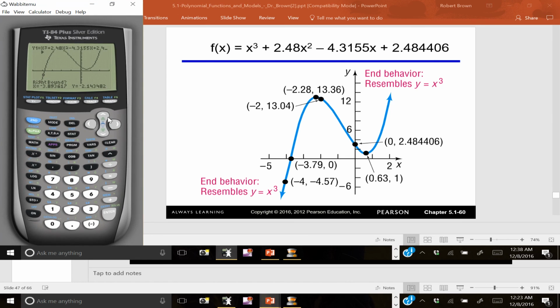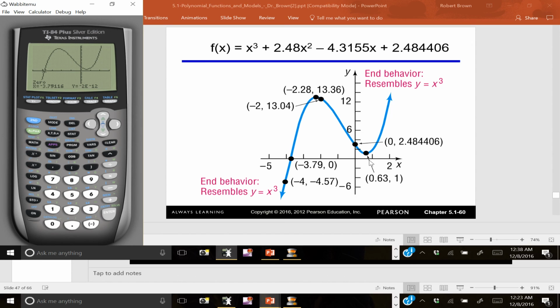For the right bound, move it to the right, hit enter. And for a guess, hit enter. And it tells you the zero is minus 3.79. And it doesn't say y is 0 there, but it's very close to 0. So this is the zero.